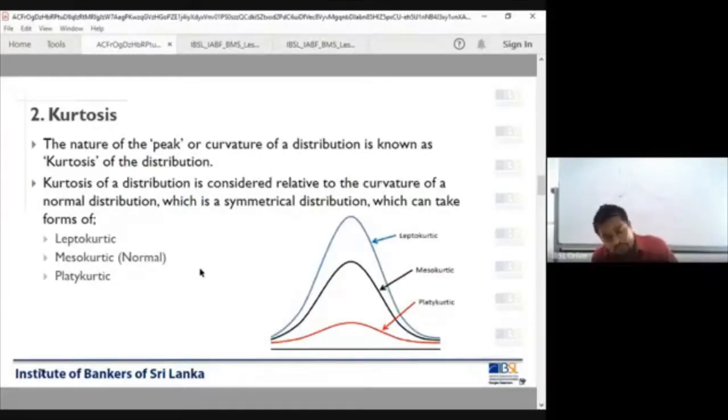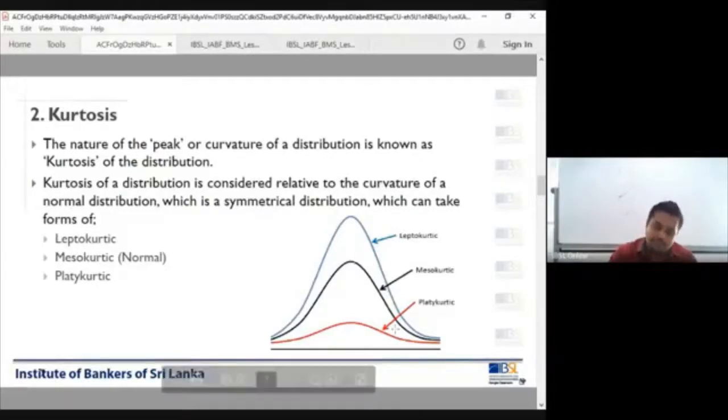In contrast, compared to that normal position, if the peak has a higher and higher value, the name given for that curvature would be leptokurtic. Leptokurtic means the data points will have a higher frequency compared to the mesokurtic point. The opposite is named as platykurtic distribution. Platykurtic, mesokurtic, and leptokurtic are the three natures that we could see in kurtosis.